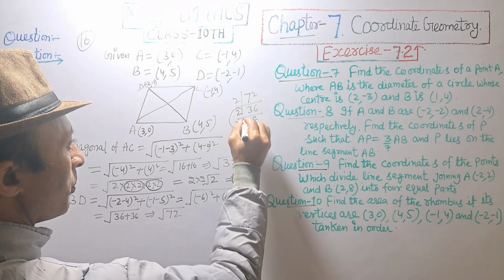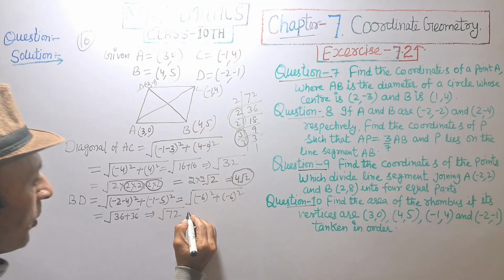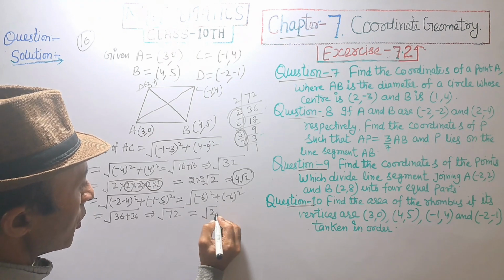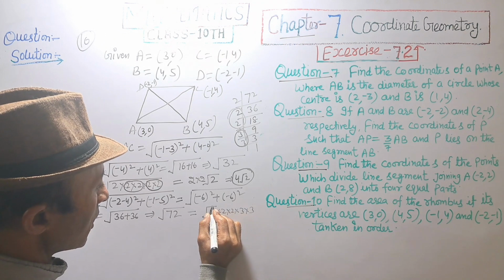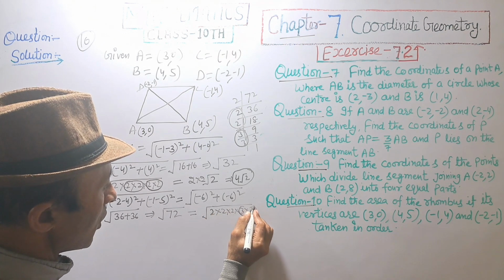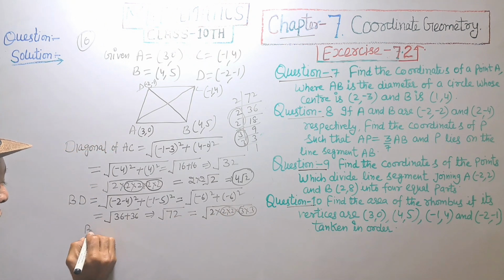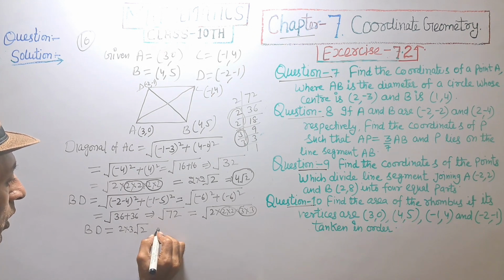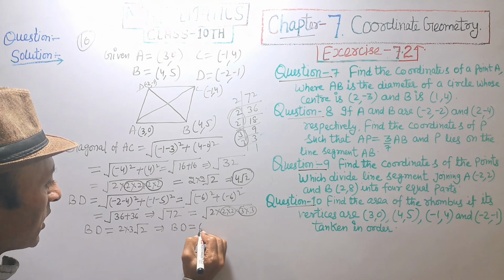So taking a pair of 2 and a pair of 3 common, we get 2 into 2 into 2 into 3 into 3. One pair of 3 and one pair of 2 comes out of the root. So the value of BD is equal to 2 into 3 root 2, which implies BD is equal to 6 root 2.